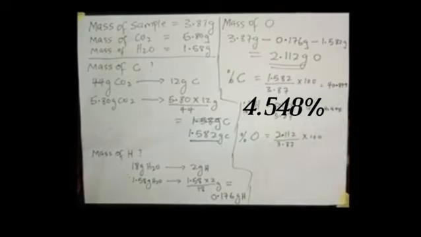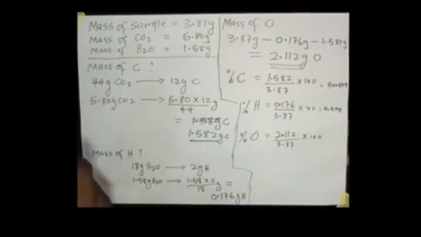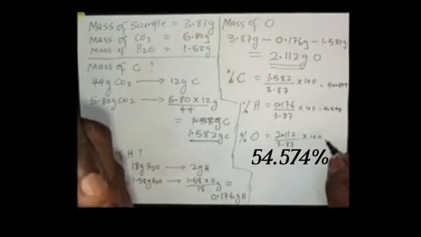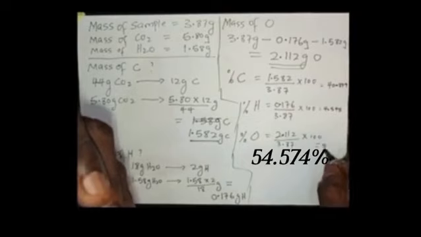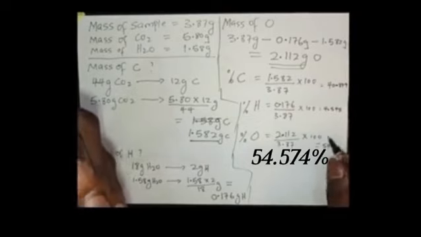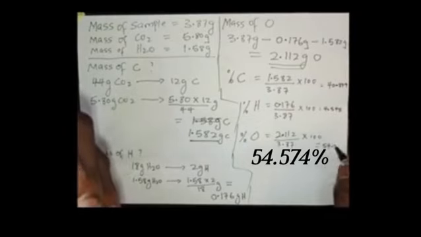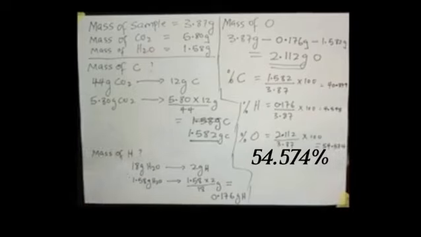Now the last one gives me 54.574%. So these are the percentage compositions of carbon, hydrogen, and oxygen. Now let's head straight to calculating the empirical formula of ascorbic acid.